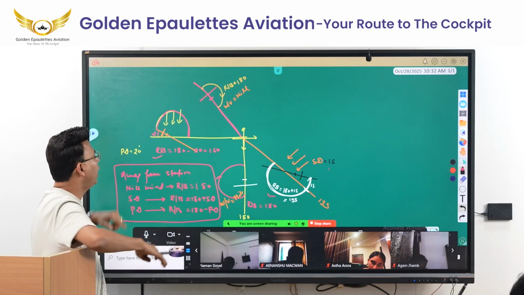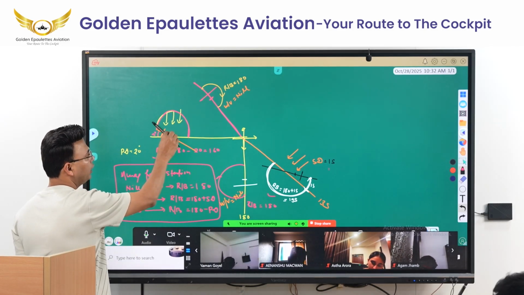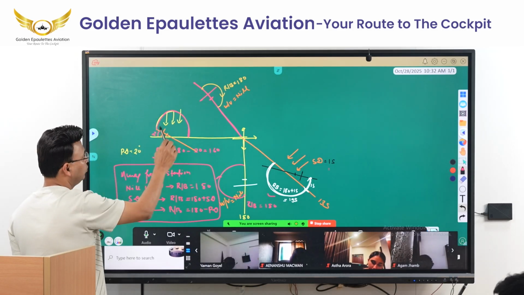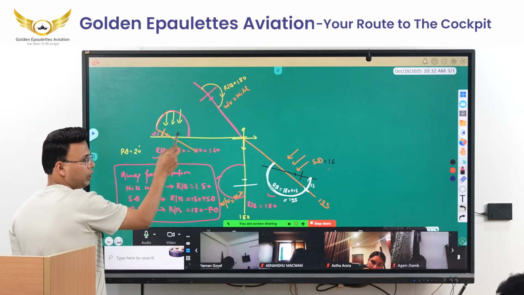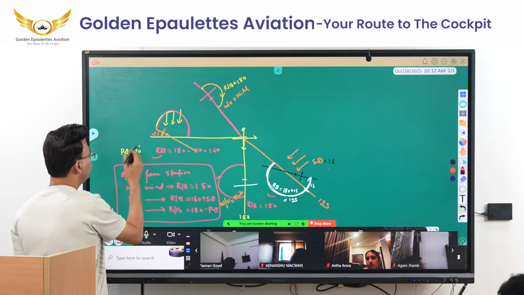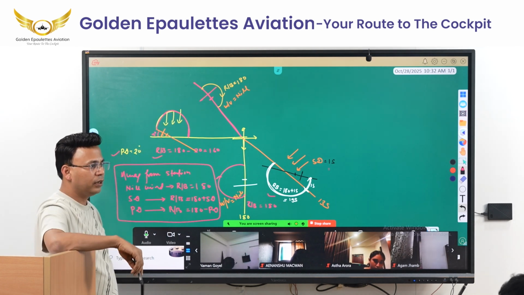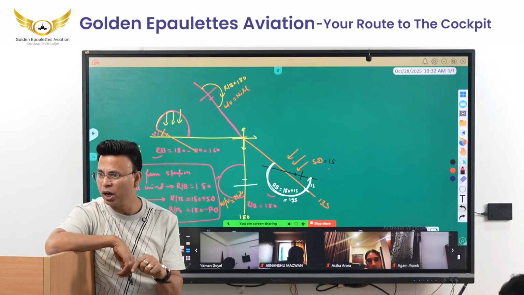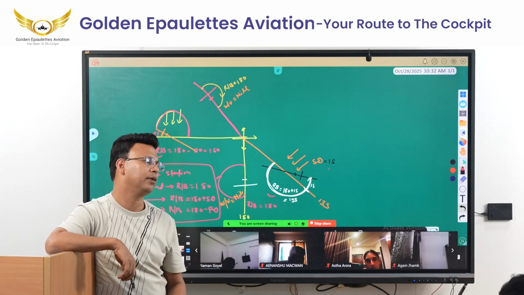And when you had a port drift, your heading is more than 270. This track was 270, right? Heading is this. So heading is more than 270. So in case of port drift, your heading is more. In case of starboard drift, it is the track which is more.